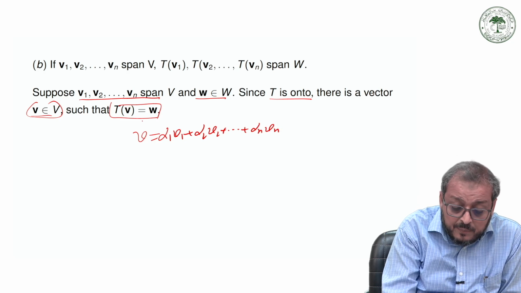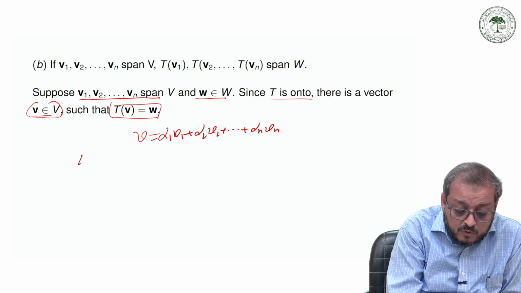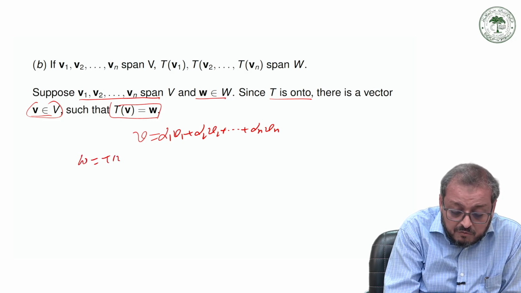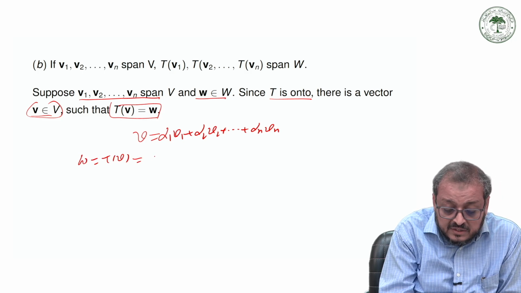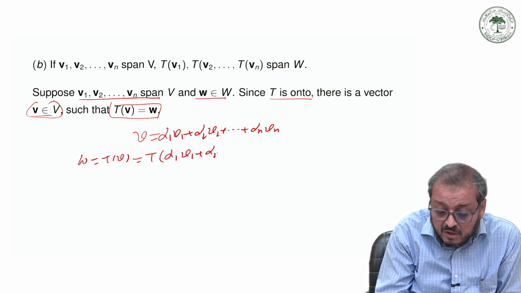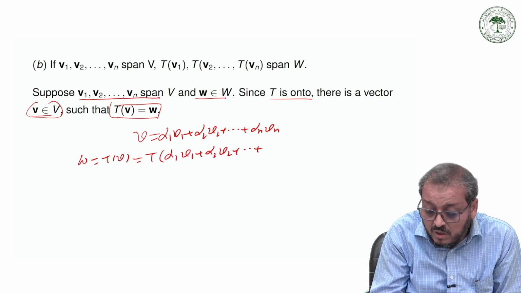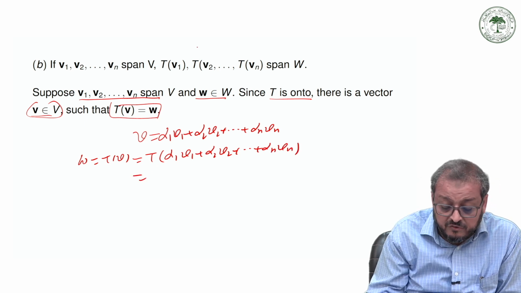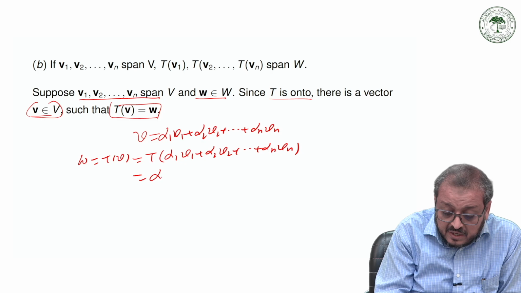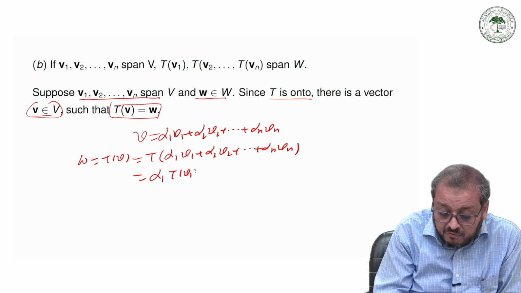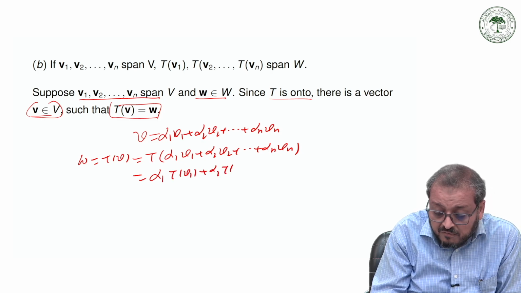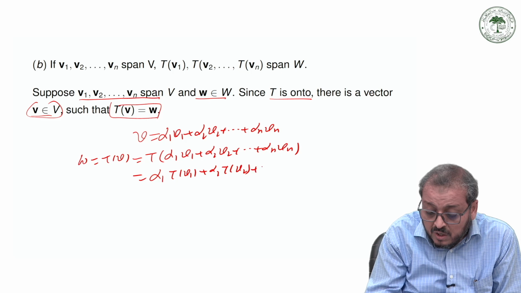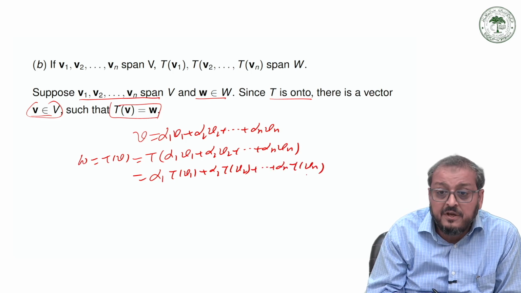And now, because w is equal to T of v, this can be written as T of alpha 1 V1 plus alpha 2 V2 plus and so on, alpha n Vn. Now we are given that T is a linear map, so we can write alpha 1 T of V1 plus alpha 2 T of V2 plus and so on, alpha n T of Vn.